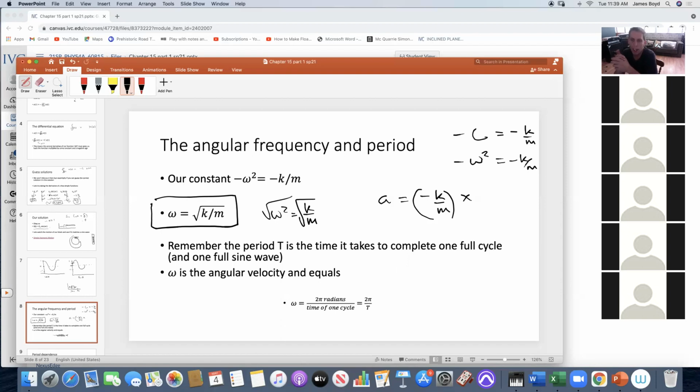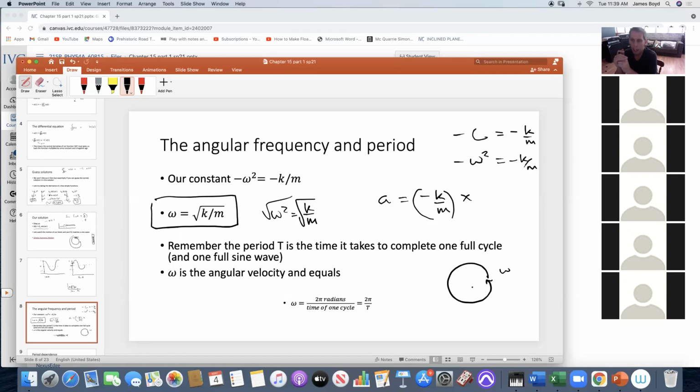But what the heck is omega? So again, if you remember, in uniform circular motion, we said omega was the speed in radians per second of the wheel or the particle as it goes around and around and around.